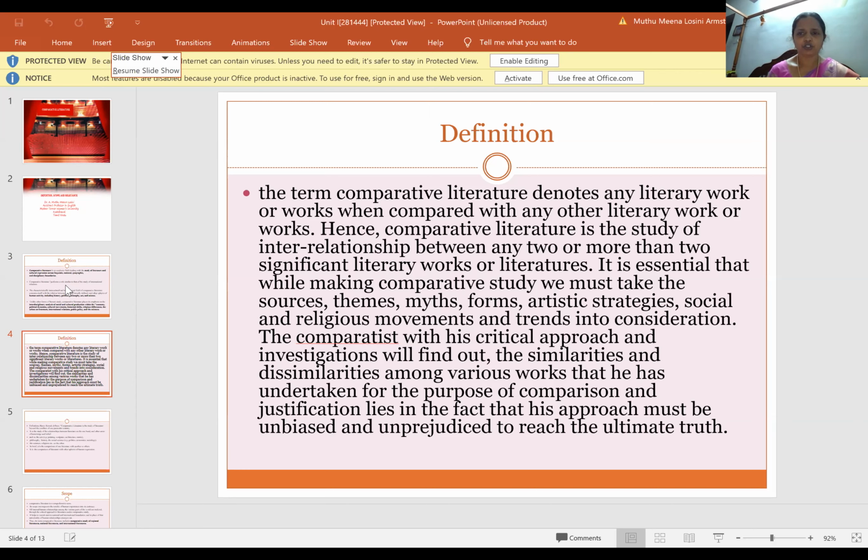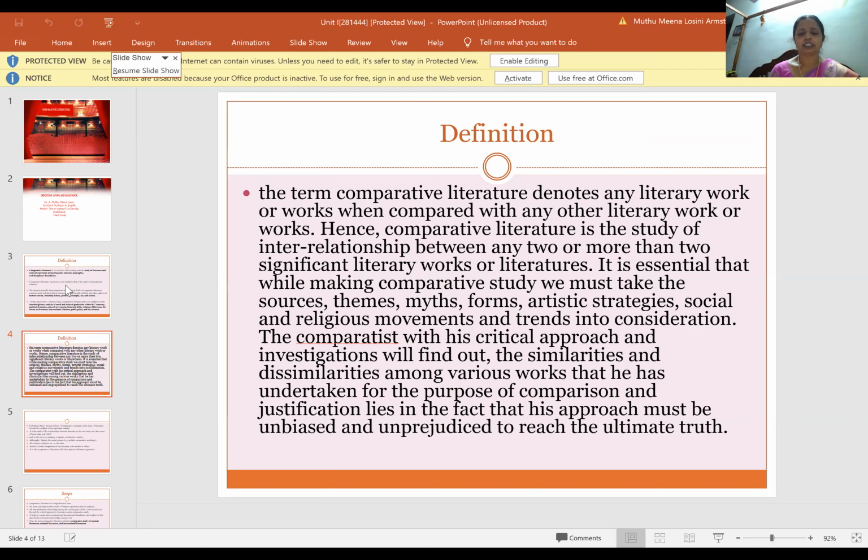It is essential that while making a comparative study, we must take the sources, themes, myths, forms, artistic strategies, social and religious movements, and trends into consideration. So what are the things we have to consider? Sources, themes, myths, forms, artistic strategies, social and religious movements, and trends.